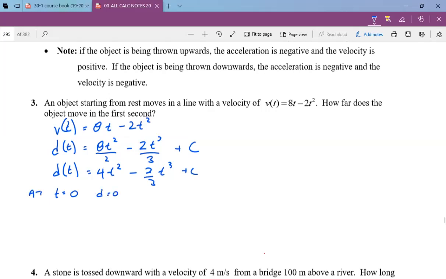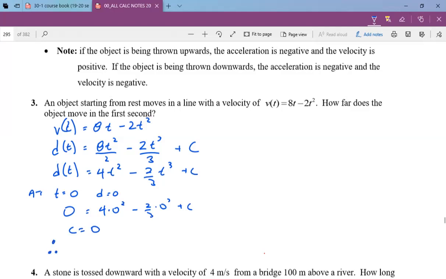So d is equal to 0. So we have 0 is equal to 4 times 0 squared minus 2/3 times 0 cubed plus c. C is actually 0.